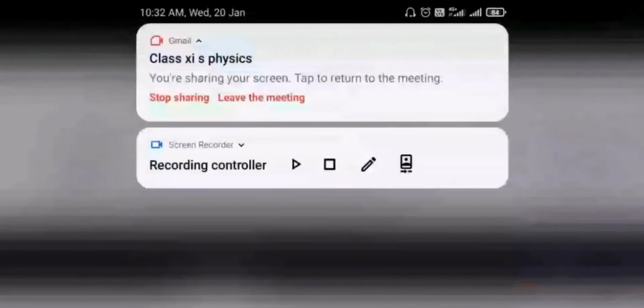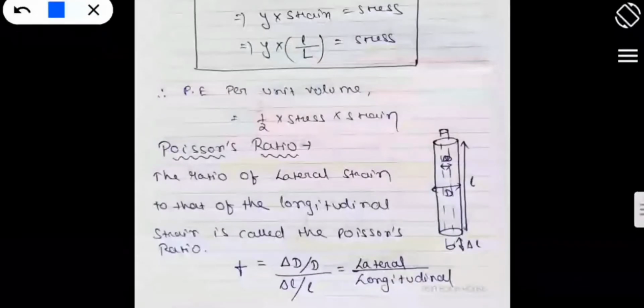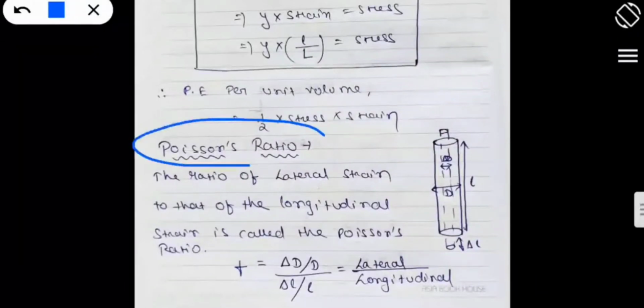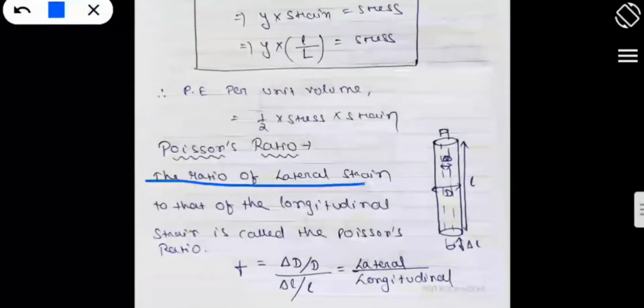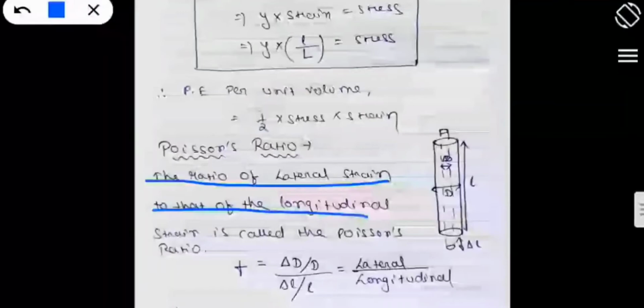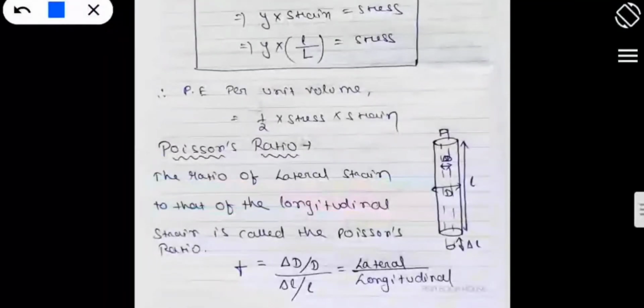Okay, so now moving on, Poisson's ratio. This is one ratio that the scientist has given. Poisson's ratio is what? The ratio of the lateral strain to that of the longitudinal strain is called the Poisson's ratio. See, lateral is what?